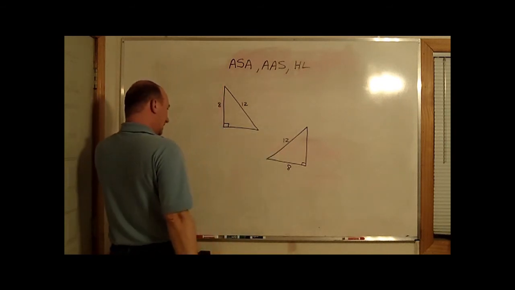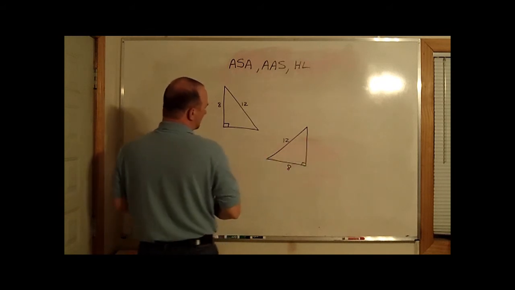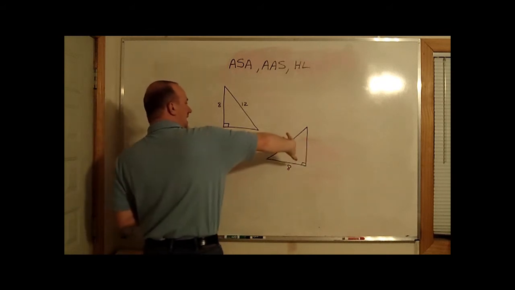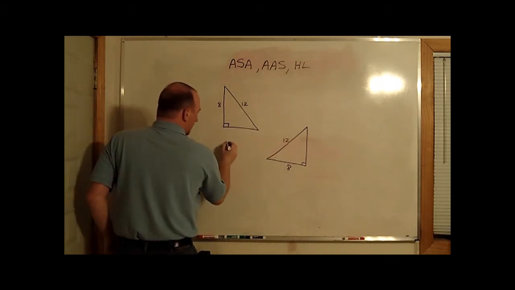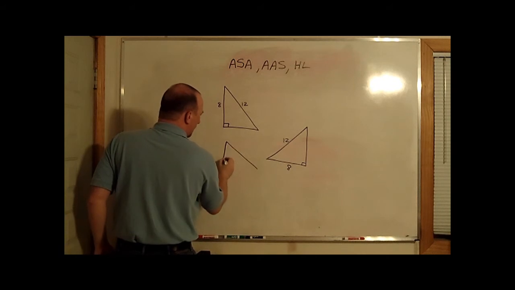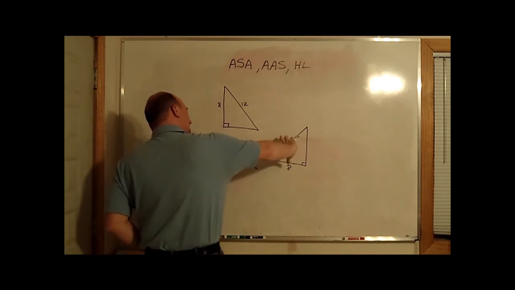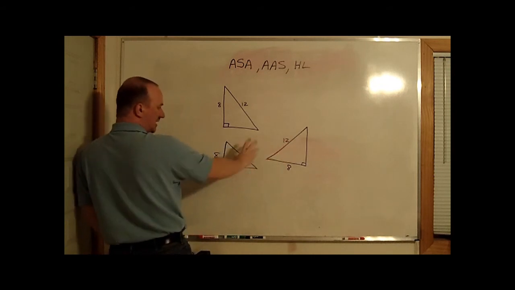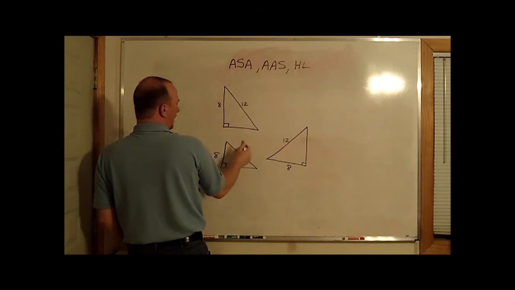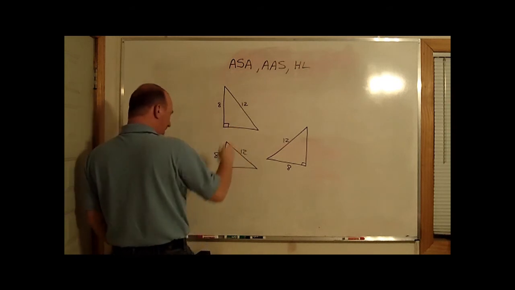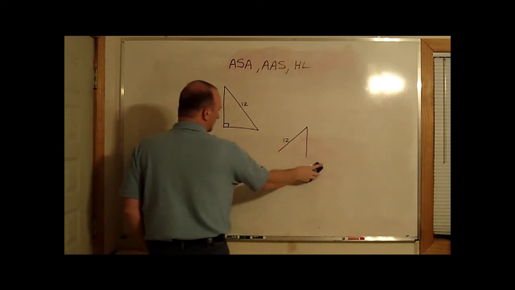If you don't believe it, some people say, well, why is the 8 over here? Maybe the 8 has to be over here. Well, watch. If I rotated this triangle, it would match up, because I rotated it, not flipped it. The 8 and the 12 would be here, and it would be in the same orientation.